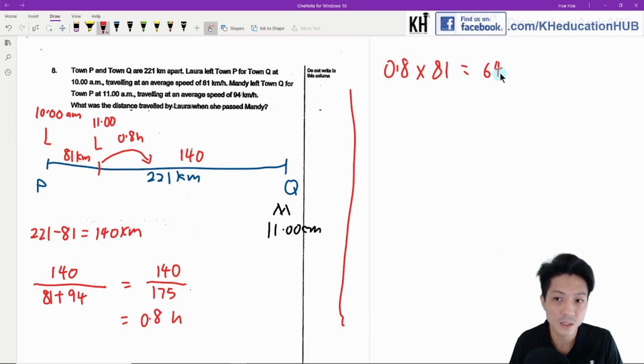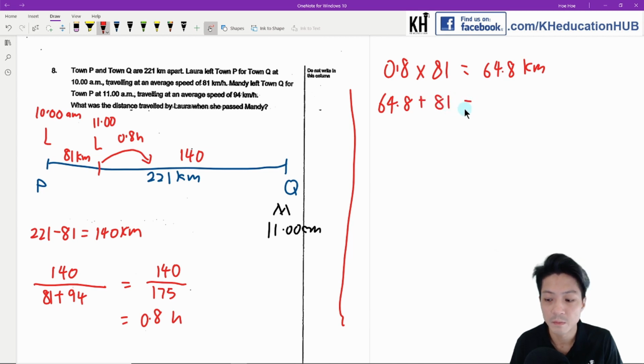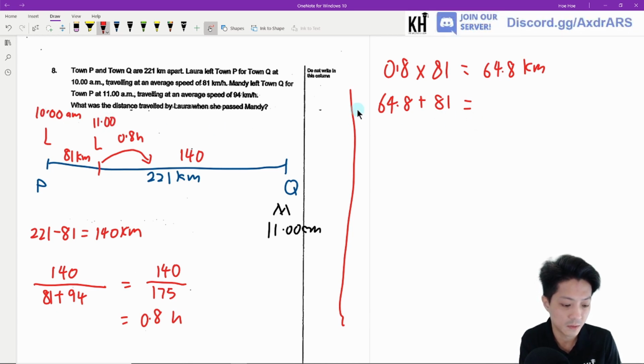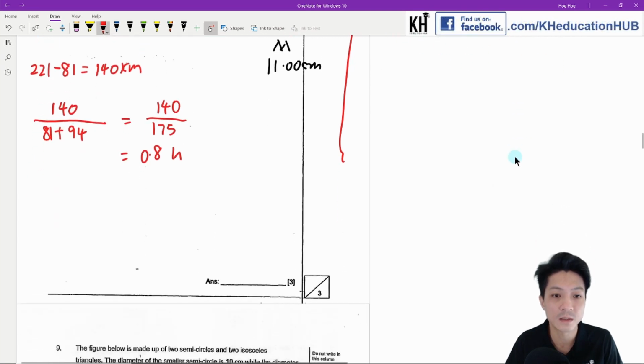It's gonna give me 64.8 km. So I have to use 64.8 plus the 81 km which she initially traveled from 10 to 11. This is gonna give me 145.8 km. So this will be the answer for question 8.